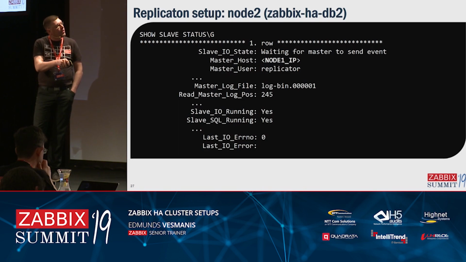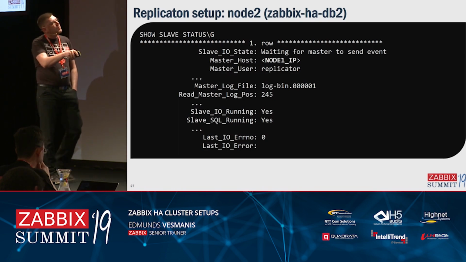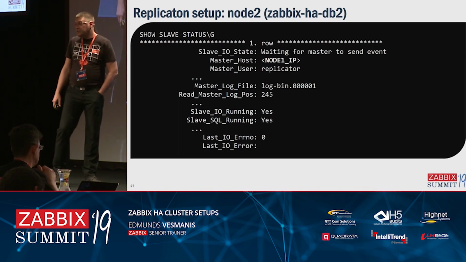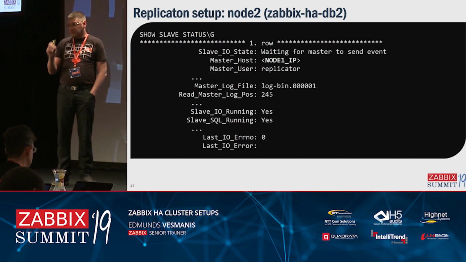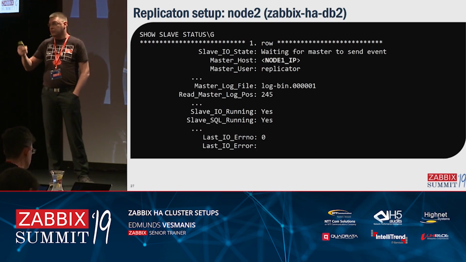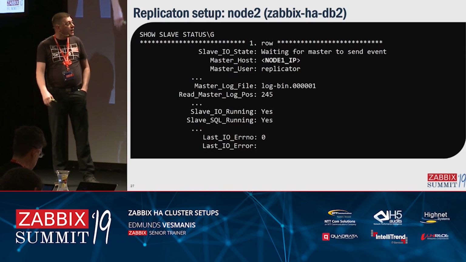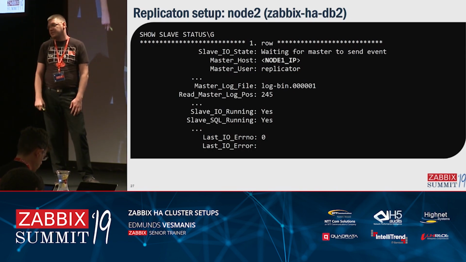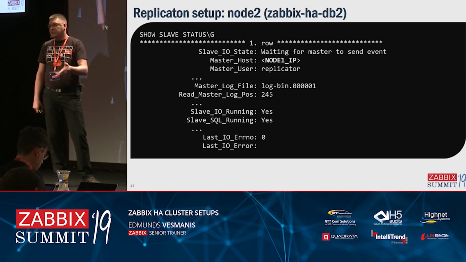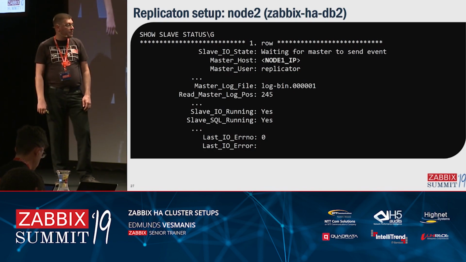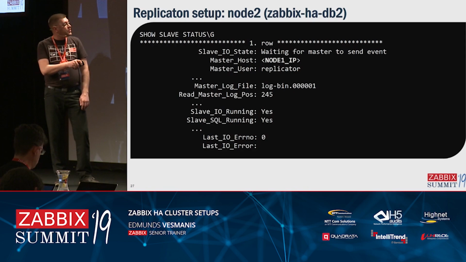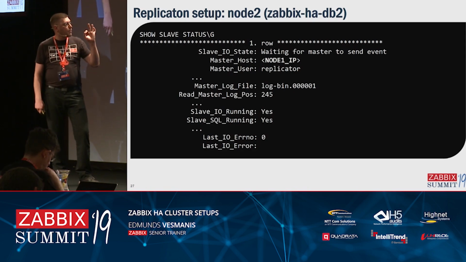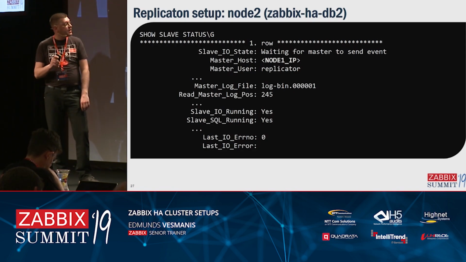If we see this line, waiting for master to send event, it means the setup was successful. Otherwise, you might need to do some debugging. Reasons might be different. One of the basic ones is improper IP addresses or DNS names. Let's start with that. But if we see this picture, boom, the first replication is done.